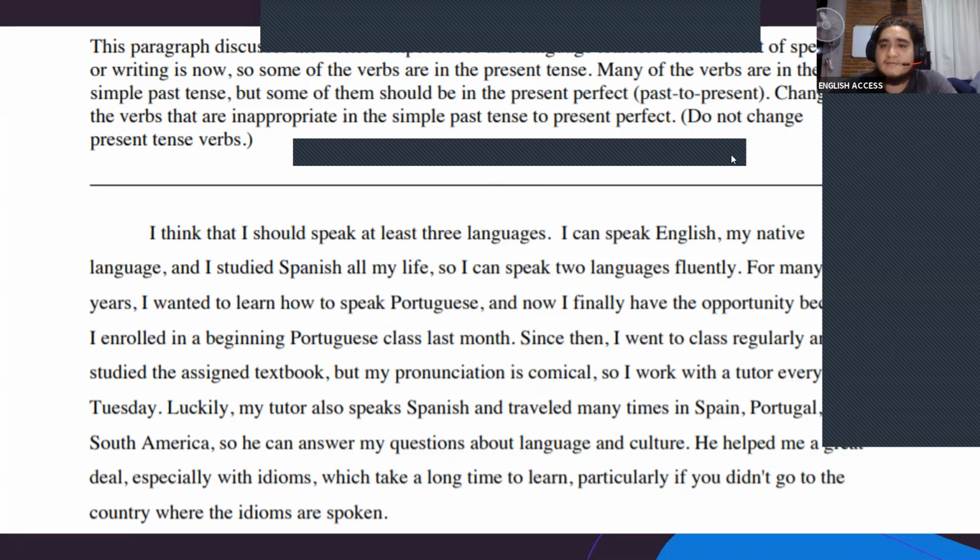First, identify the things that can make a verb a present perfect verb, or more than a verb, an action. Look for actions that started in the past but still affect the present.